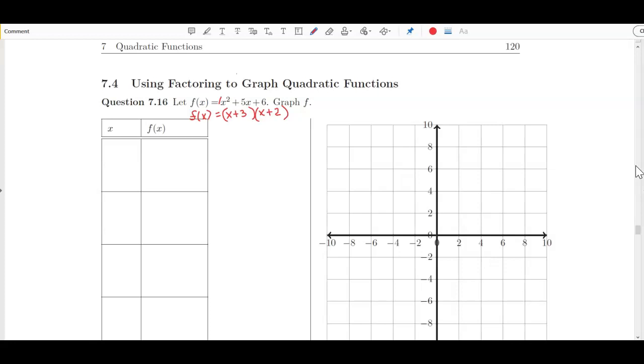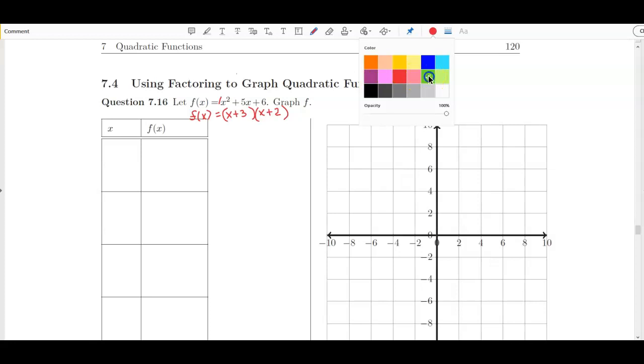So what I want you to do on this is, again, kind of go back to what we talked about before, where we said there's certain x's that would be best to choose to make our graph easier for us. After it's in factored form, we want to know what numbers make those go to 0, because that's going to be our x-intercepts like we talked about before.